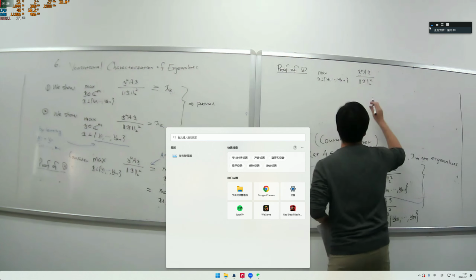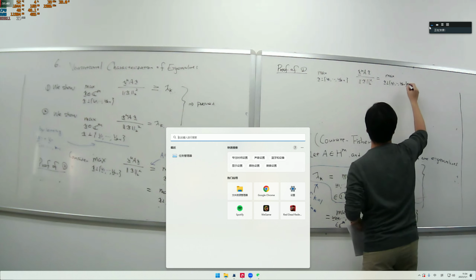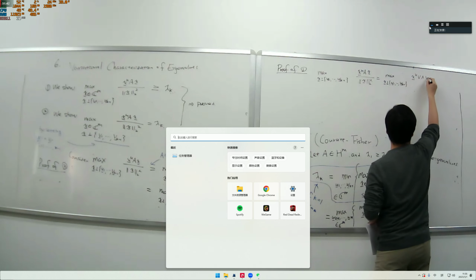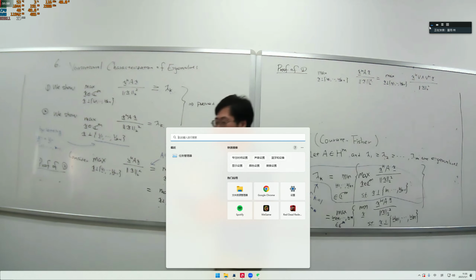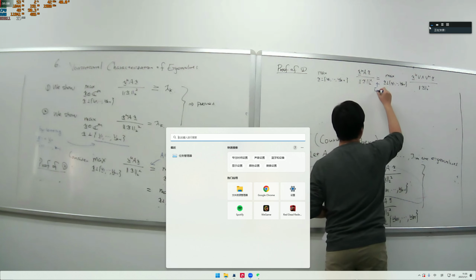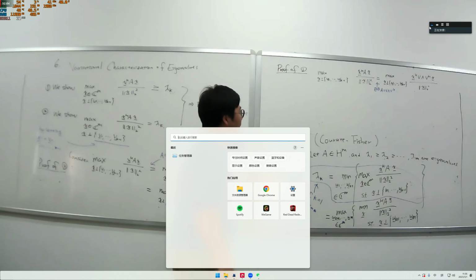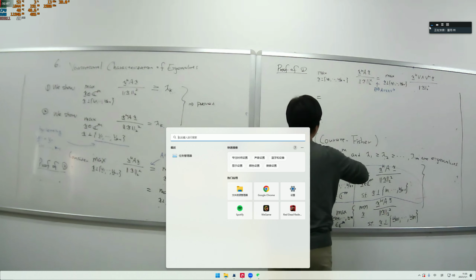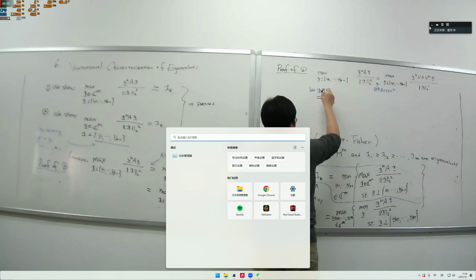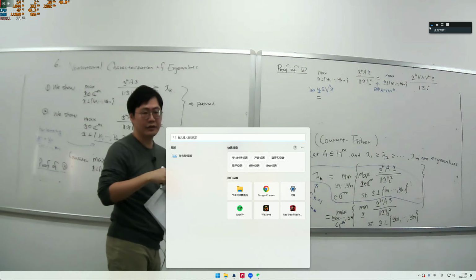Again, we use EVD. We apply EVD, V lambda V Hermitian, to A. Then here I do a change of variable.